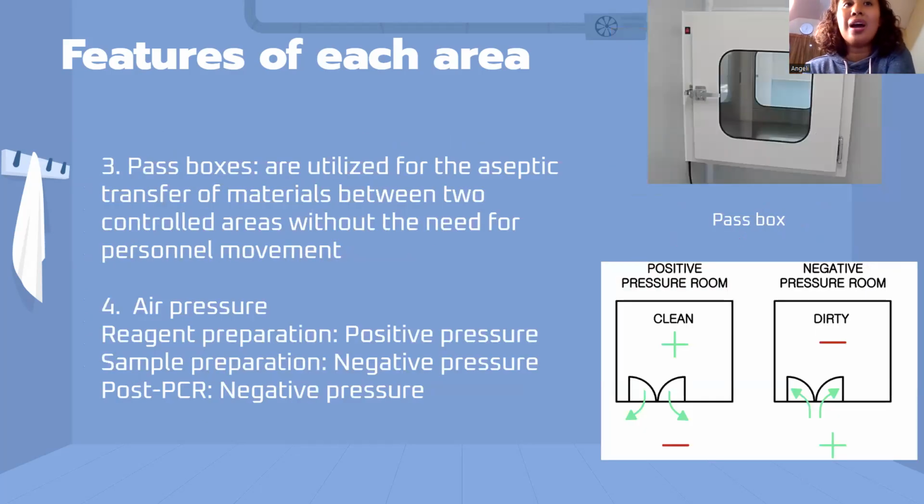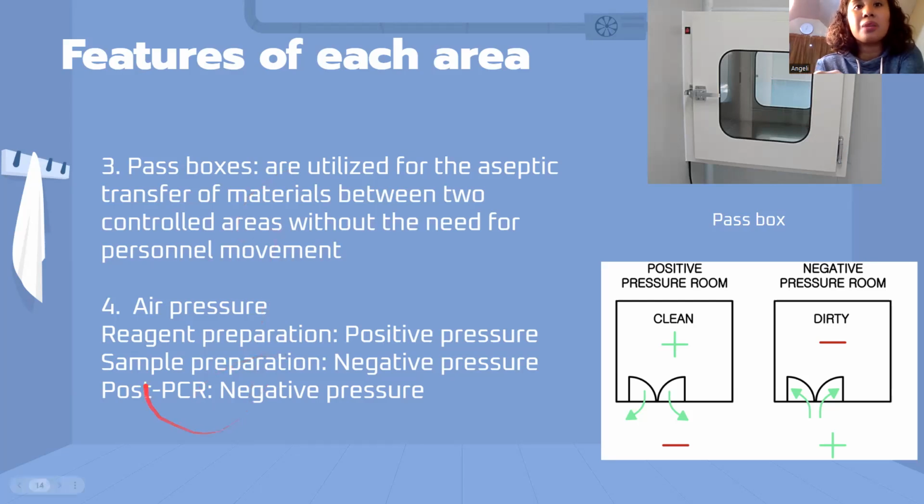What else? We have pass boxes. In our school, it looks like a drive-through window. These pass boxes maintain aseptic transfer of materials between two controlled areas. If you want to pass your extracted nucleic acid to template addition, you pass it there so that the personnel will not move around anymore.